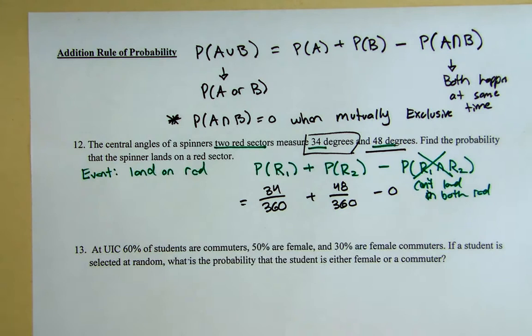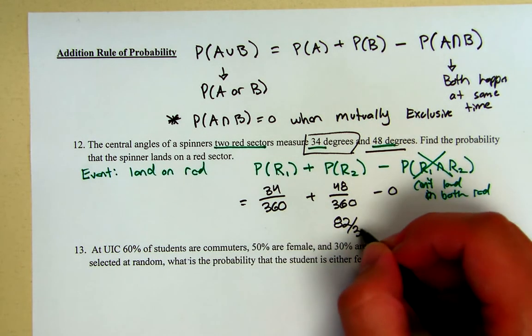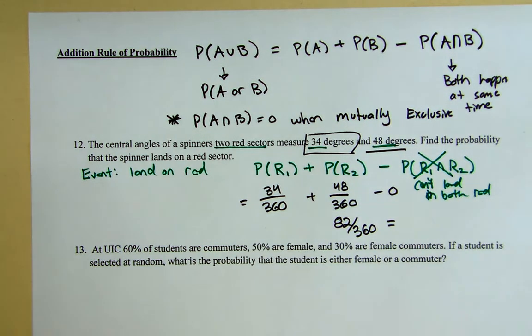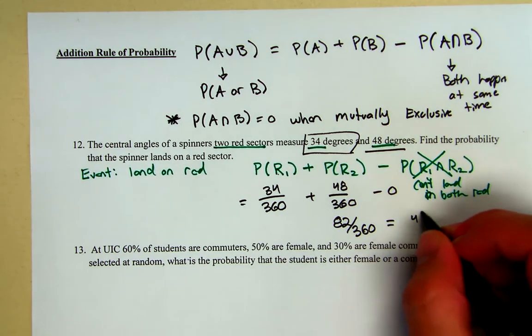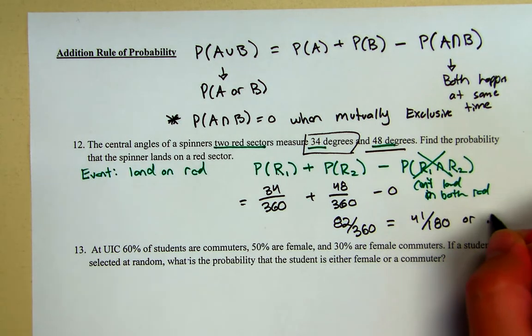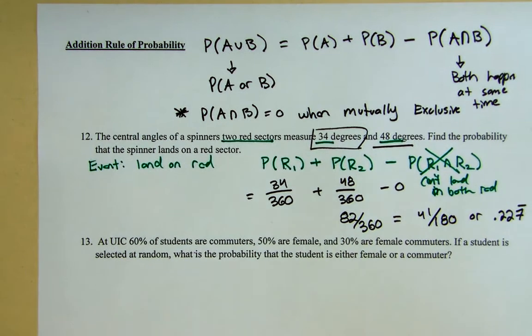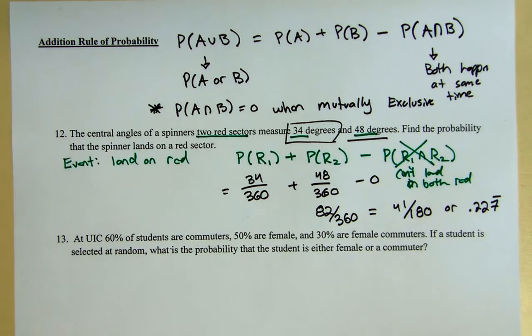So we have 82 out of 360, which really ends up being 41 out of 180, or 0.227 repeating. Depending on how the answer is asked, that's how you would give it.